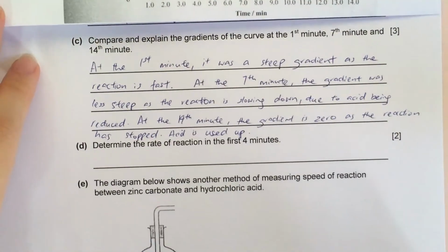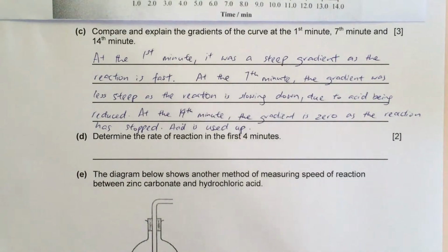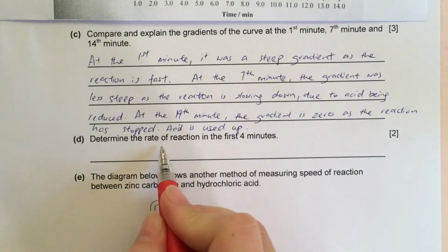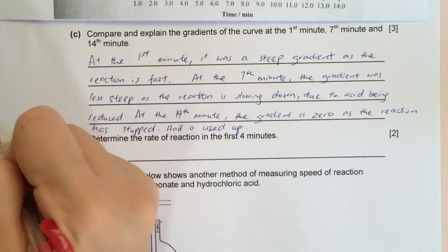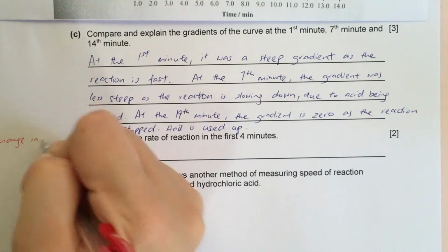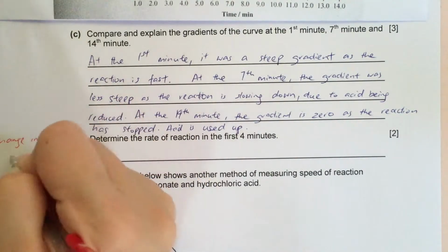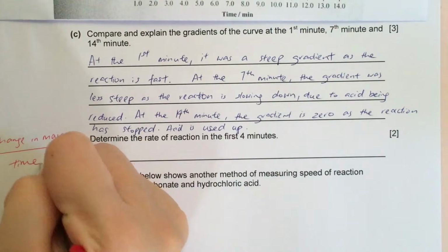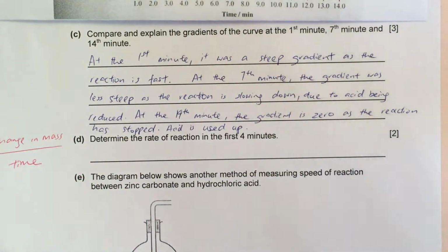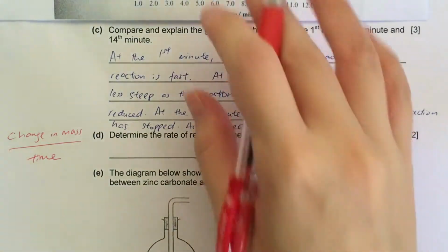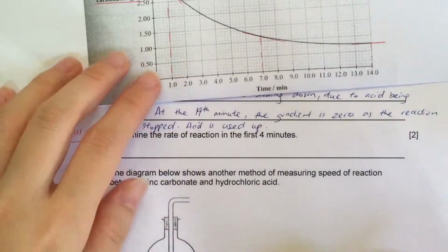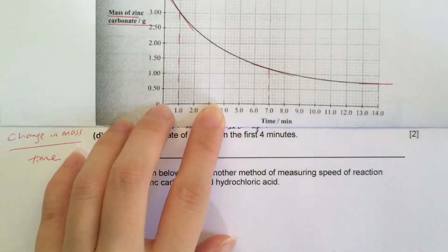Okay, next part D, rate of reaction. So the earlier part, you saw that we use volume of gas, but here we do not have the volume of gas. So here what we use is the change in mass. How much mass was lost? So at the start, there was 4 grams of zinc carbonate.